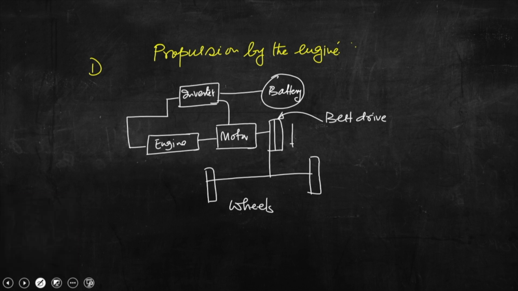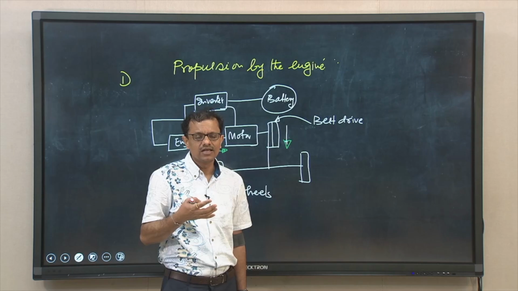In this case, just the engine will supply power to the motor and belt drive. So, the battery is remaining non-functional, because for propulsion by the engine we need maximum power, as I discussed in the previous class.